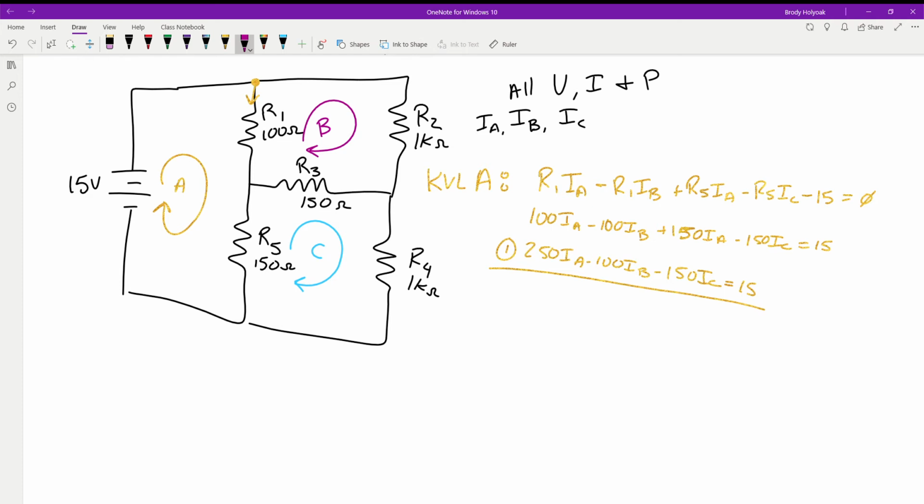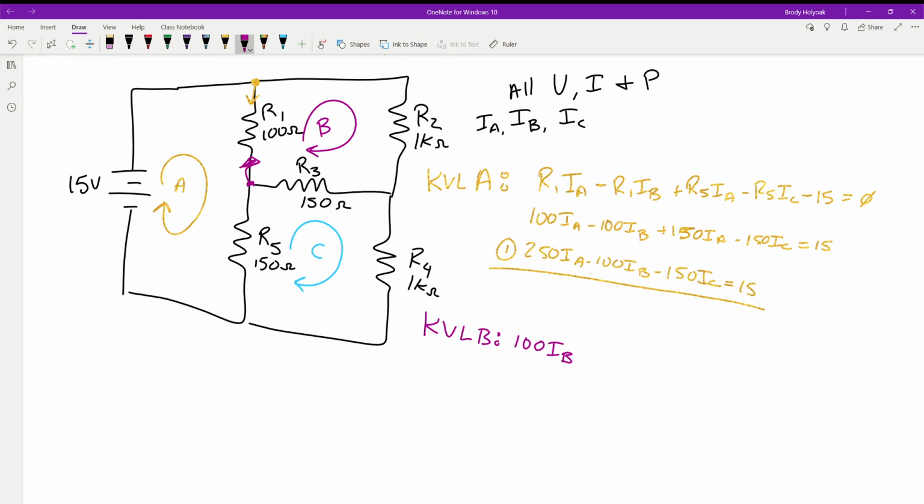So the next one, we're going to do the Kirchhoff voltage loop for B. Again, it doesn't matter where we start, as long as we go all the way around back to our starting point. The first thing we run into is R1 IB. Does anybody have any problems if I put the values in as we go? Okay.